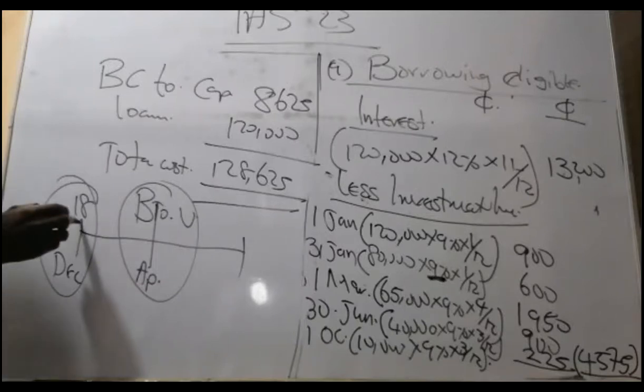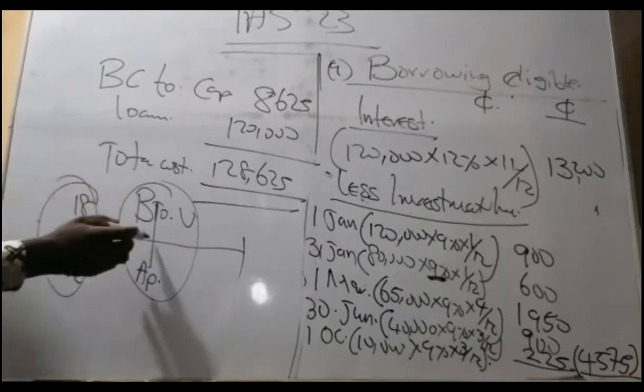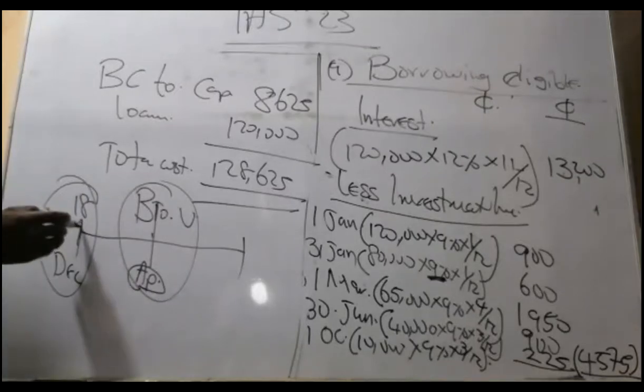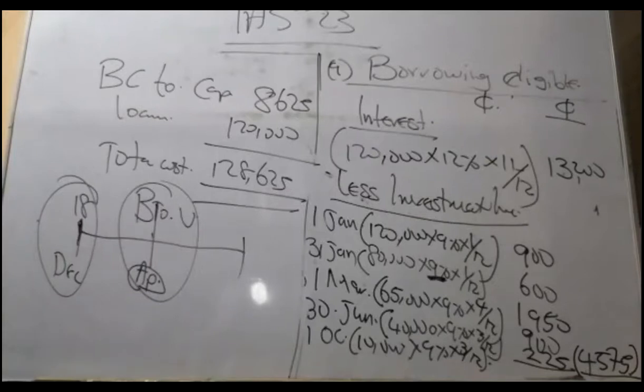They completed in December 2018, but they started using it in April 2019. So the depreciation must start from the earlier date. In reality, if you give birth to a child and they say this child has 18 years, will the 18 years start counting when the child starts talking or walking? No, as soon as the child arrives.